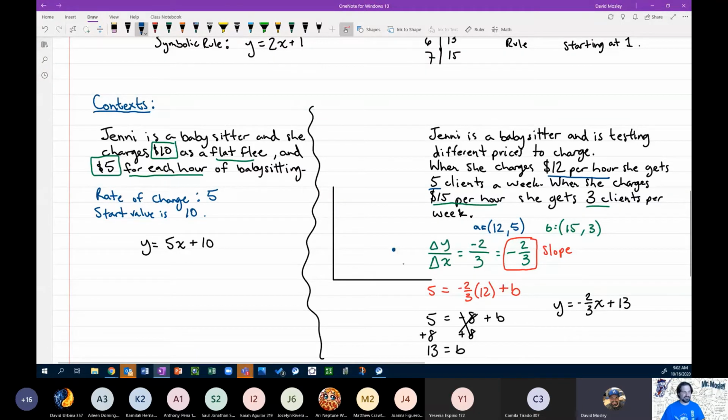I'm not putting numbers on here, this is just so we can get an idea of where things are. 15, 3 is going to be farther to the right, but lower. Let's say right here. So between these 2 points, we find the rate of change by doing the change in y, from here to here, and the change in x.